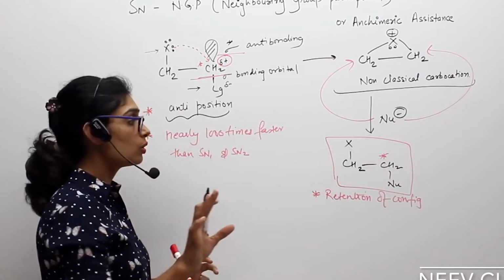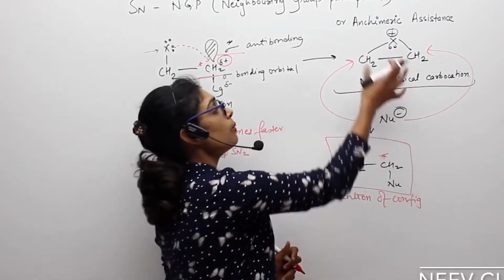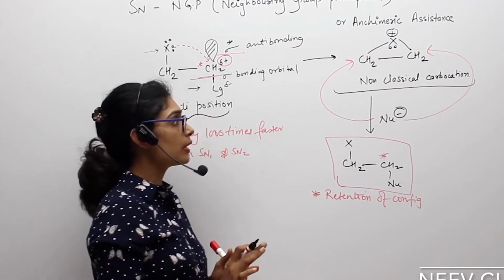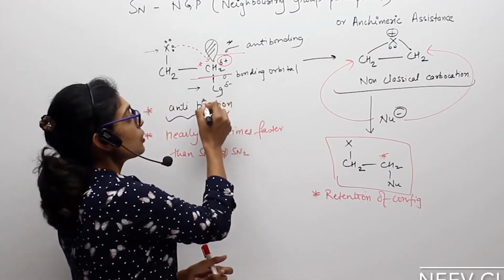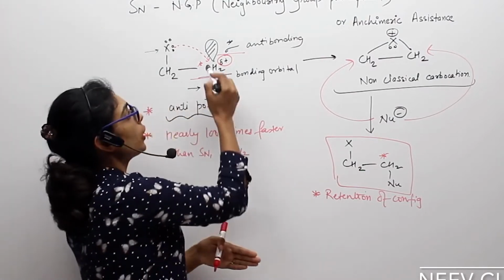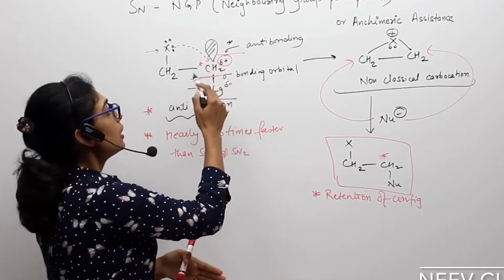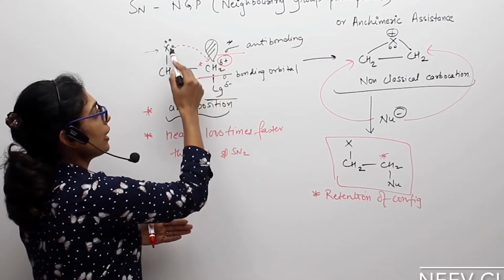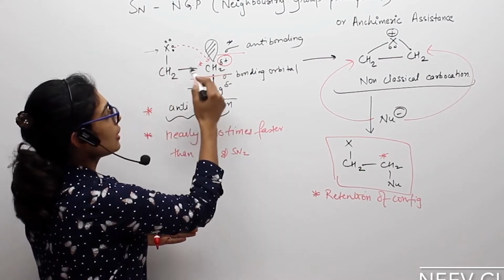And why is it so? To understand that, go back to the non-classical carbocation. This was the position of the leaving group, and when X attacked the anti-bonding orbital, it formed this non-classical carbocation.